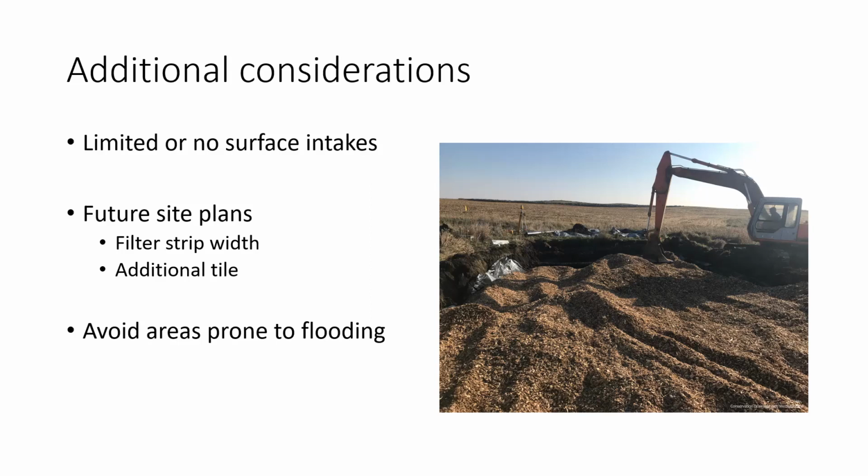Also, you need to avoid areas that are prone to flooding. If you're at the end of a grass waterway, or somewhere you have a lot of surface runoff or surface water moving across the top of it, that's not an ideal situation. And if you're next to a stream that's really flashy or has a seasonally high water table for a lot of the spring, that's probably not the best spot to put a bioreactor, because that water table comes up into the wood chips for extended periods, and we won't be able to push any water through that bioreactor like we want to.